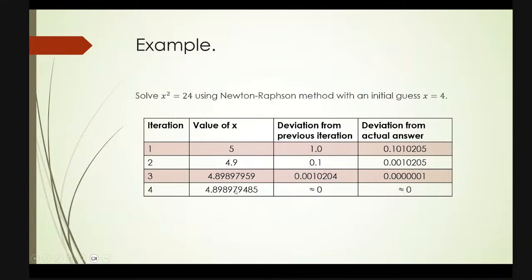Therefore, we can consider this value of x as the approximate solution of the equation x square minus 24 equal to 0. Remember that this is only one of the two solutions that are present for this equation. There also exists a negative root which is equal to minus 4.8989, as you all know.